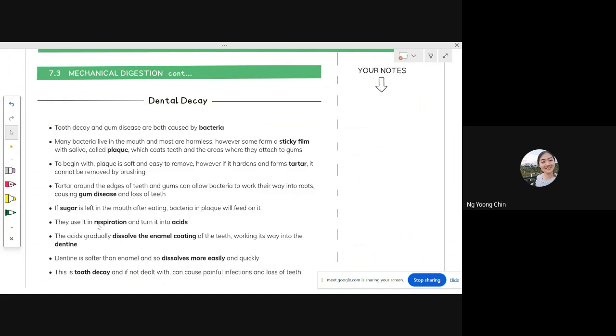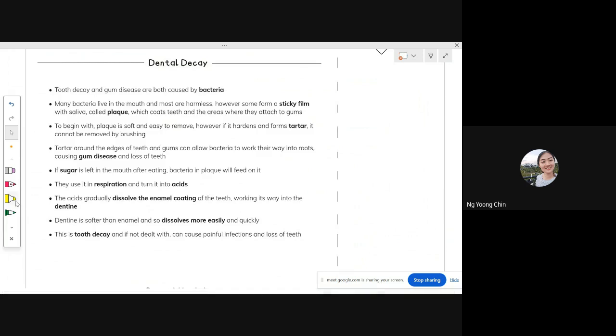There will be remnants of food left in your mouth cavity. So the bacteria are able to break down the food, right? The food contains sugars. So the bacteria will feed on the sugars. So they will undergo respiration, and they will turn into acid.